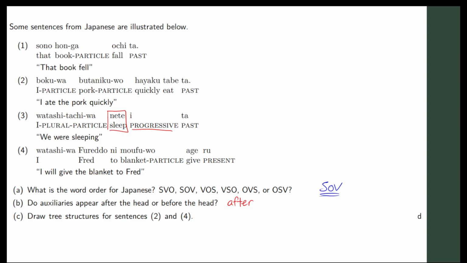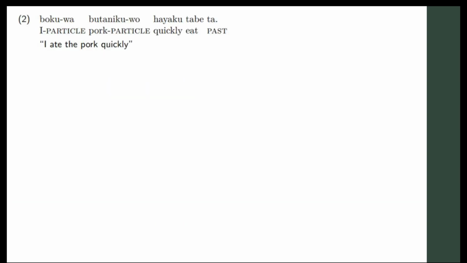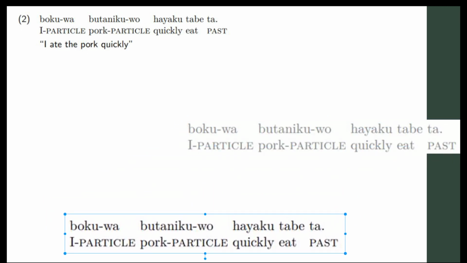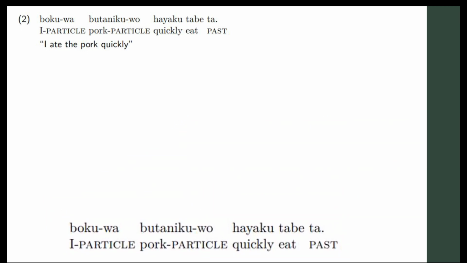So now we're going to draw the tree structures for sentences 2 and 4. So this might seem a little scary, but I assure you it's not that bad. So I'm going to take this and put it at the bottom, and we're just going to label some words. So we're just going to work with the English here because that's really all we need to figure it out.